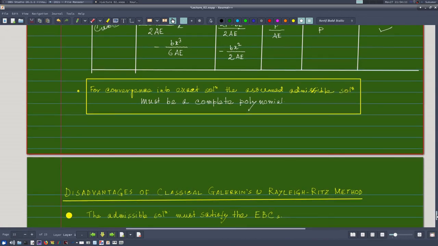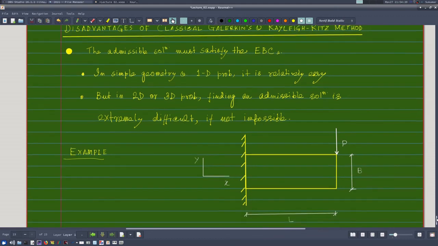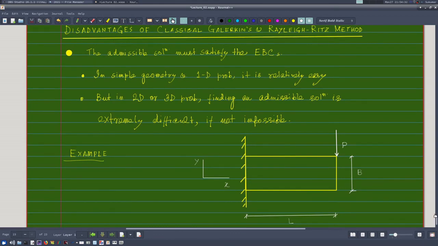Now let us try to understand the disadvantages or difficulties of applying the classical Galerkin's method or Rayleigh-Ritz method in the classical form. Whatever we have learned about the Galerkin method till now is called classical Galerkin's method because we are not using any finite element; we are applying the weak form over the whole domain.